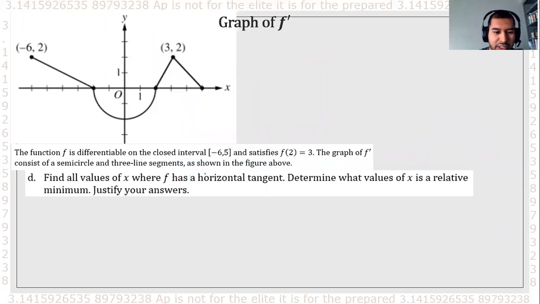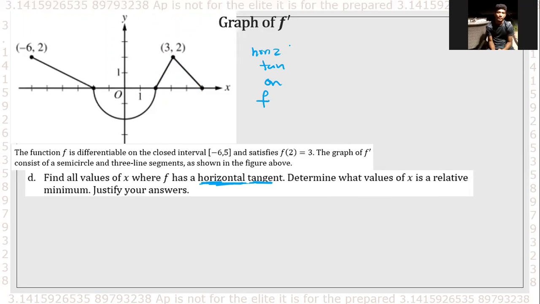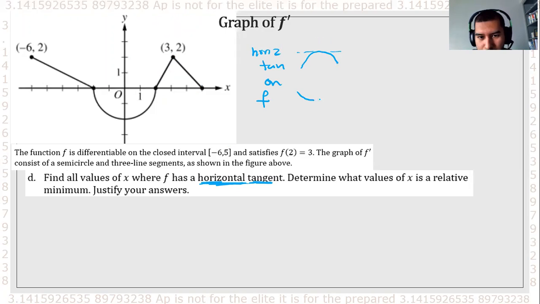Okay, we're almost done, guys. Don't worry. I believe there's only 2 more and that's it. Horizontal tangents. When can we have horizontal tangents? Think about it like a little roller coaster: it can only have a horizontal tangent when it's at its maximum, its minimum, or a saddle point.